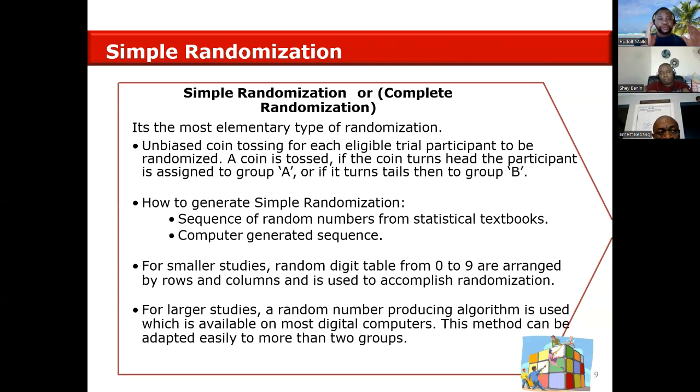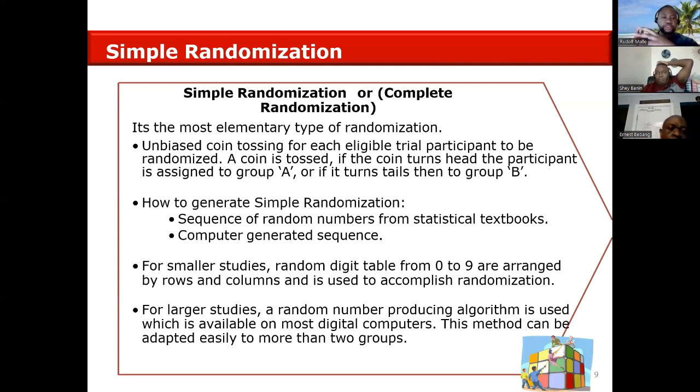As a CRA, as a sponsor, you conduct that randomization at the sponsor's end, then send a response to the site. There's always a sequence, a matrix that you follow on how to randomize subjects.